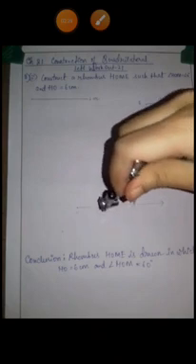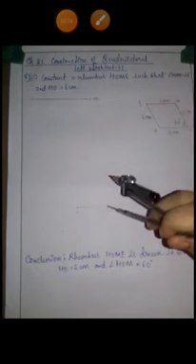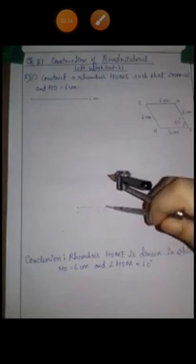You are taking the arc like this, then again place the pointer at the point of intersection, then cutting the arc. So you have got this point which is the 60 degree which you are getting after joining. You can extend it, okay? So this is your 60 degree angle.